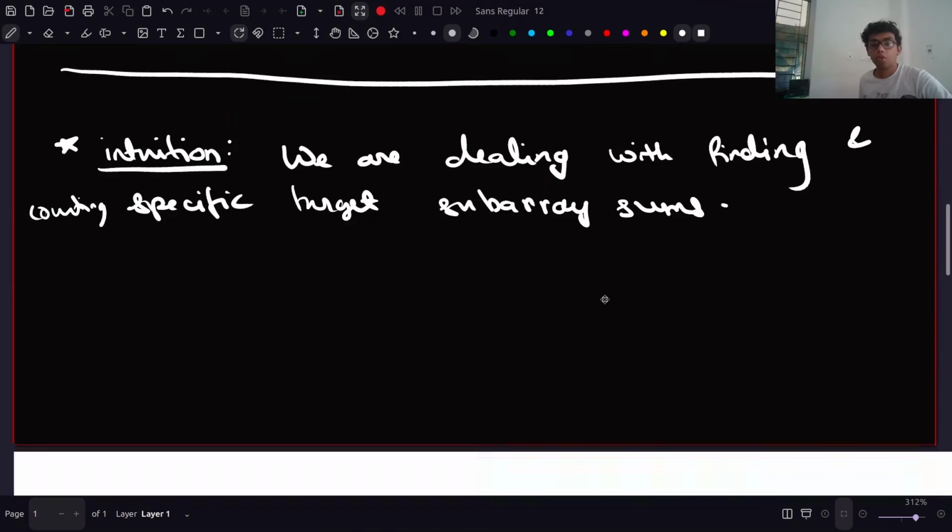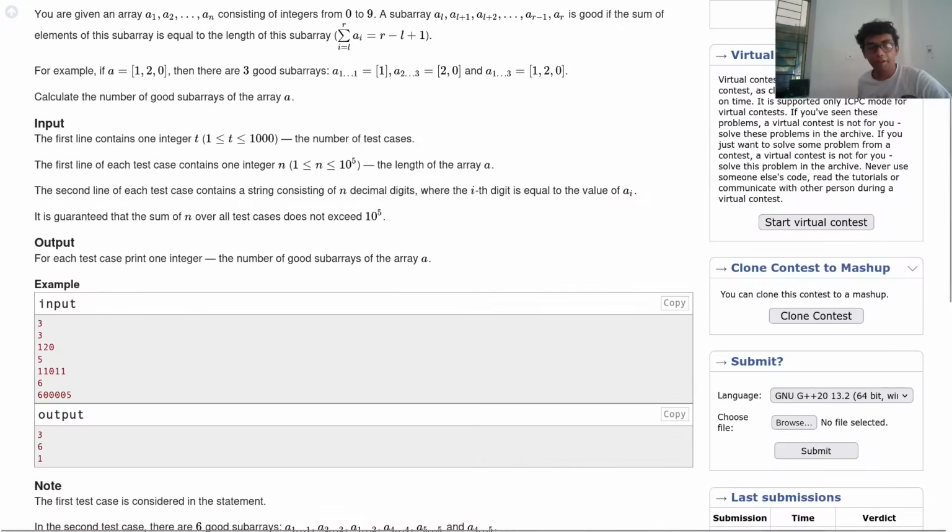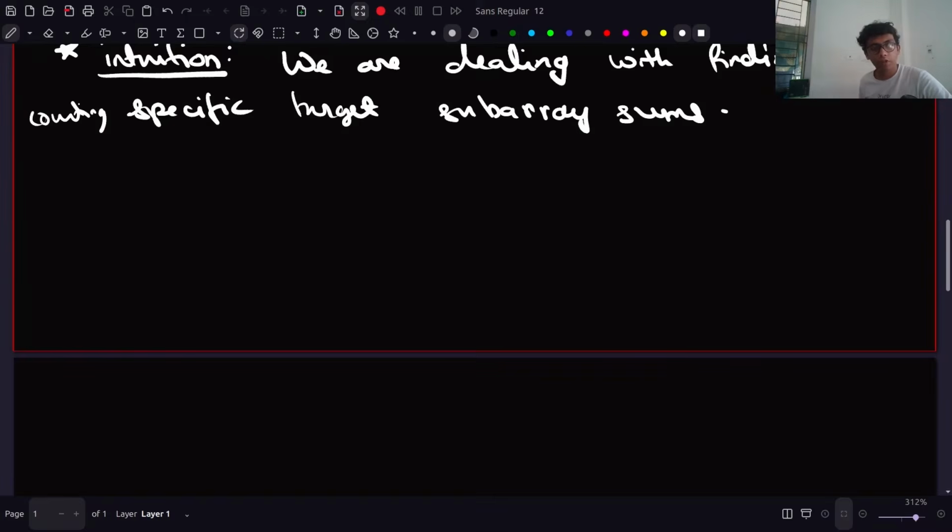So what should be our base level idea here? In general, we can think of it in terms of prefix sums. So the idea: think of it in terms of prefix sums.